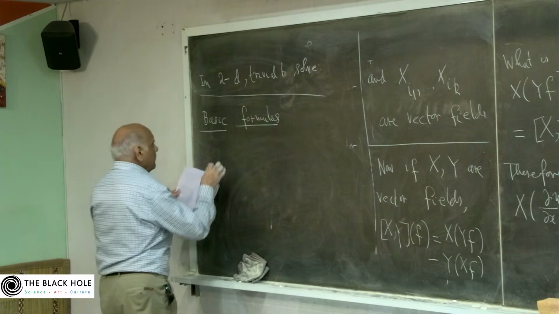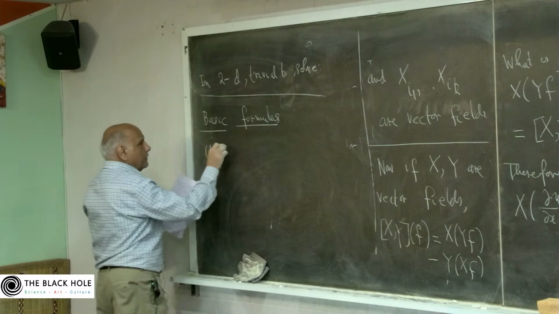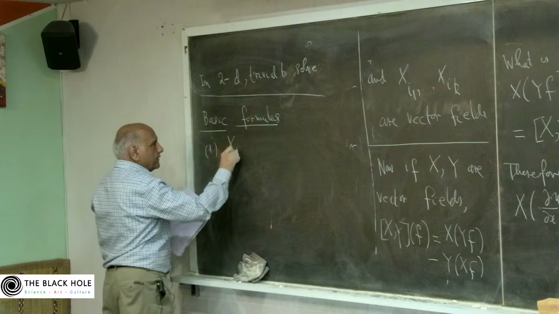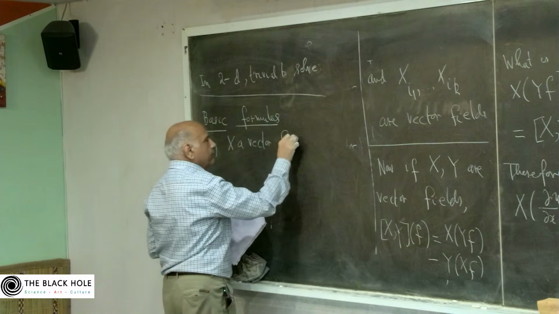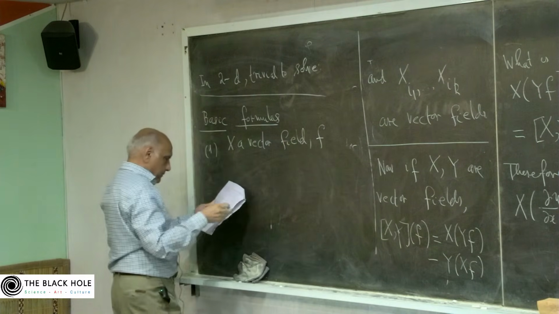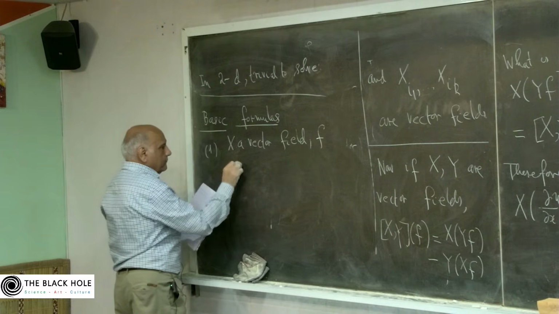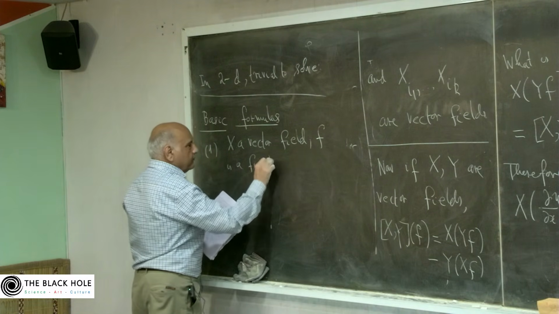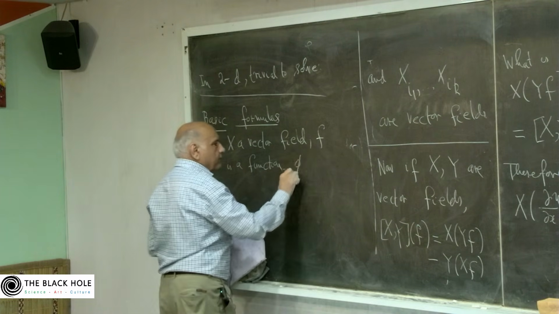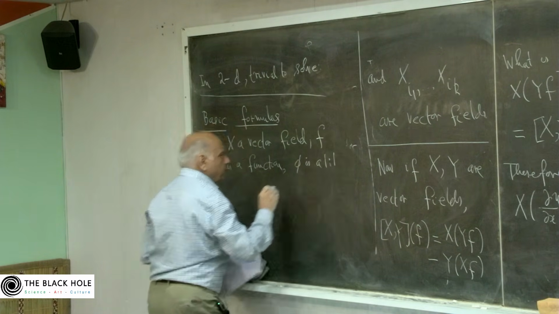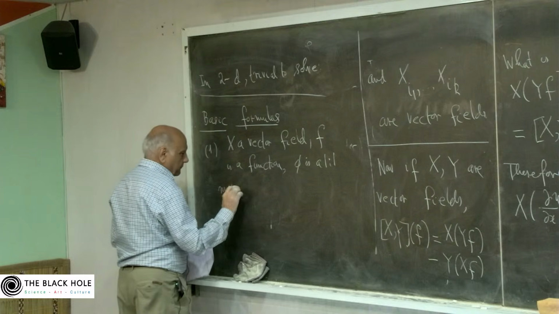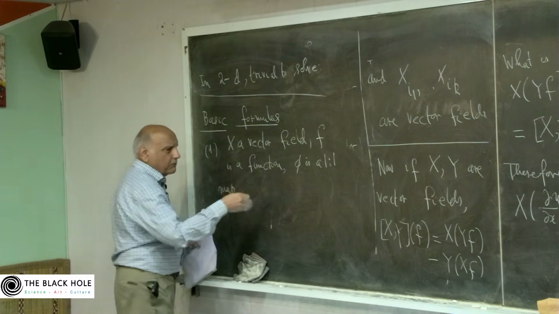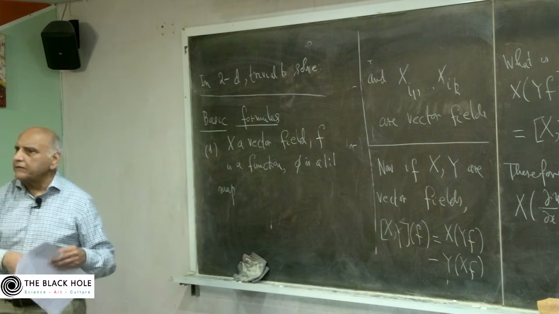So X is a vector field. F is a function. And phi is a one-to-one map from an open set of R^n to the same open set.